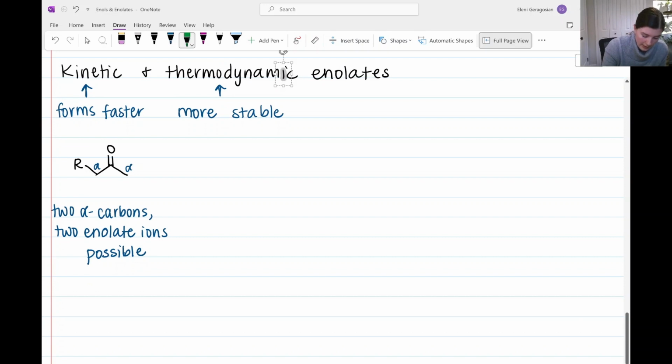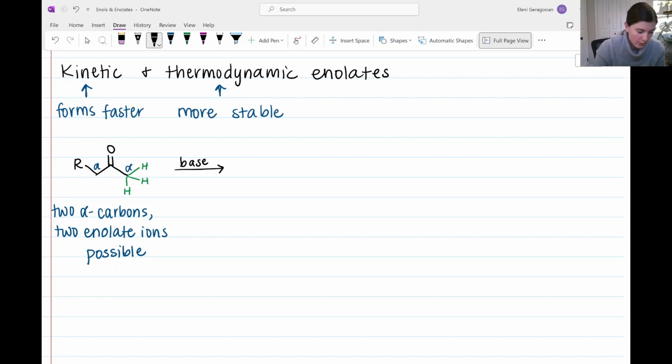If we look, we'll first do the CH3 group. So we have 3 hydrogens here. These are all alpha hydrogens. And if we remove one of them, of course we need a base to remove that alpha hydrogen. We saw these mechanisms in the previous video.